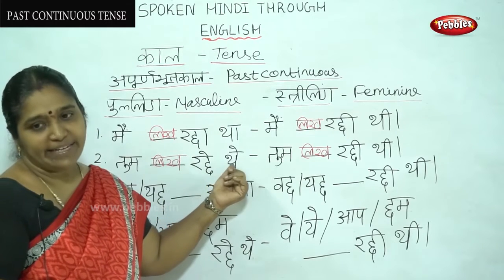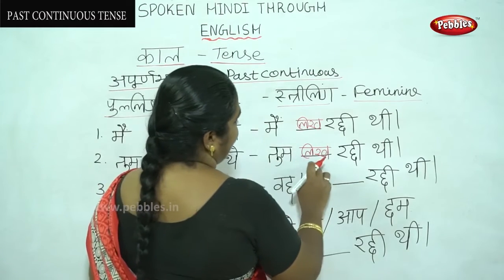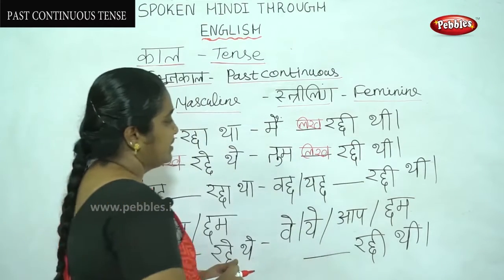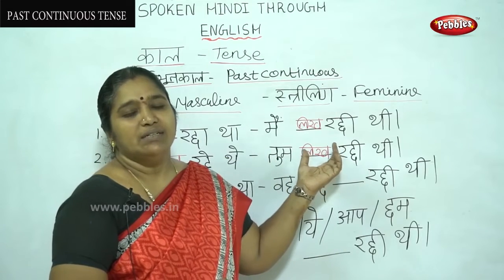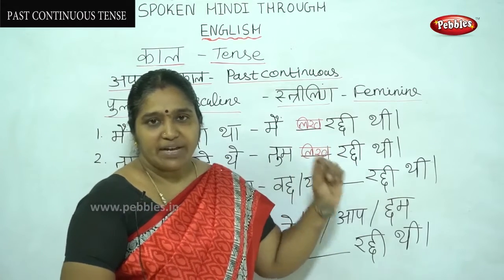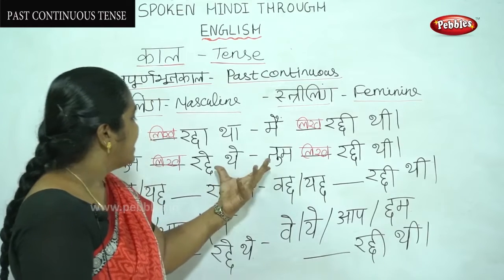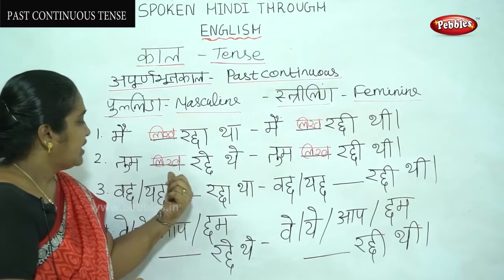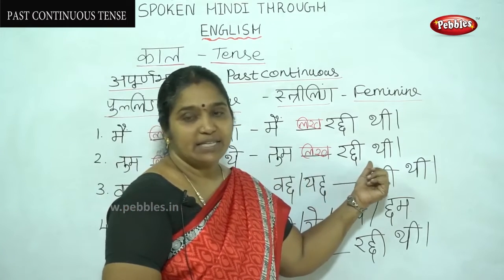You were writing. Here also tum likh rahi thi. You were writing. For feminine and masculine, in English we have the same, but in Hindi we have different forms. Tum likh rahe the. Here tum likh rahi thi.